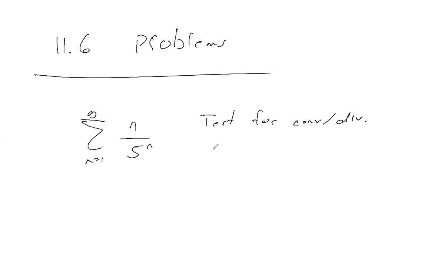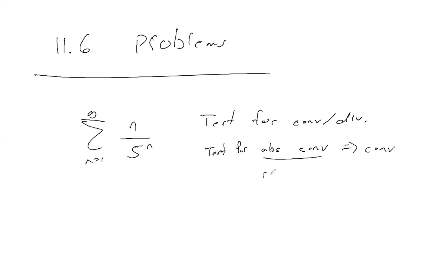But what do we know? We know a series is convergent if it's absolutely convergent. So what we can do is test for absolute convergence, and if the series is absolutely convergent, that implies it's convergent. So how do we test for absolute convergence?